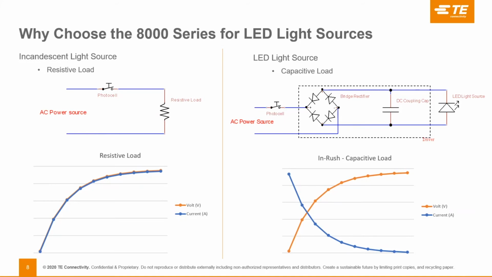But in this case, when the power is first switched on, the capacitor will look like a dead short and will try and pull as much current from the source as possible, causing an inrush. You can see on the graph that as the capacitor charges to the line voltage, the current flow reduces. It is this inrush current that can cause relay contacts to weld, preventing the light from being switched off.